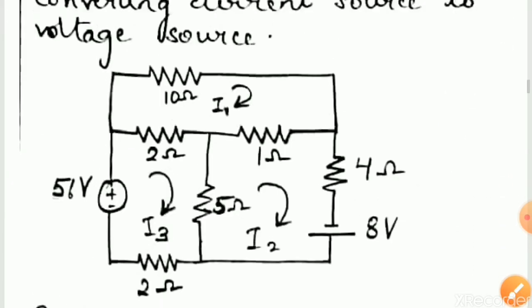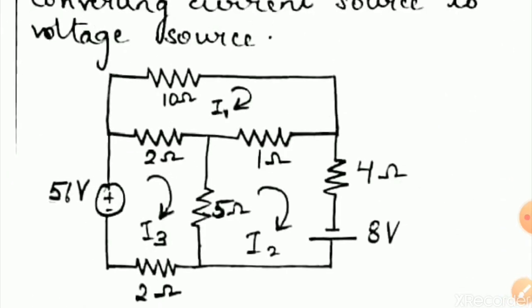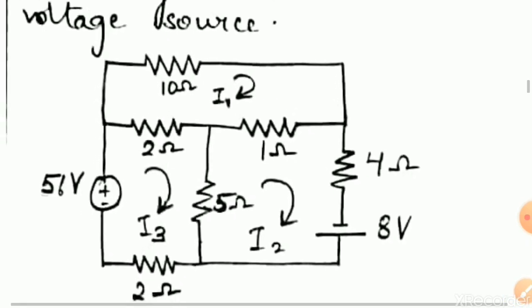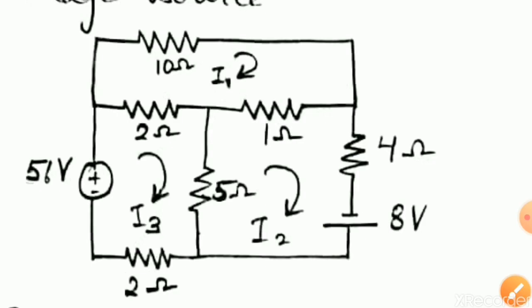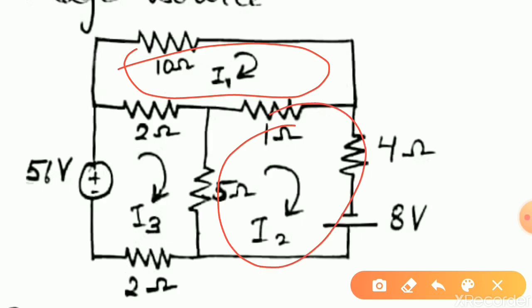We have the circuit here where the current source in parallel is resolved into a voltage source in series with a resistor. When we need to do mesh analysis for this given question, we need to find out how many loops are in the circuit. We have 3 loops, 1, 2 and 3.